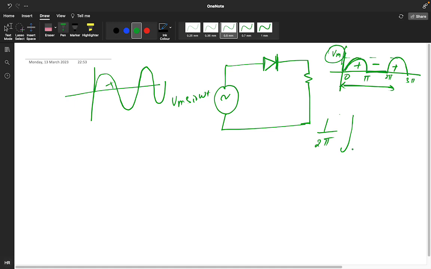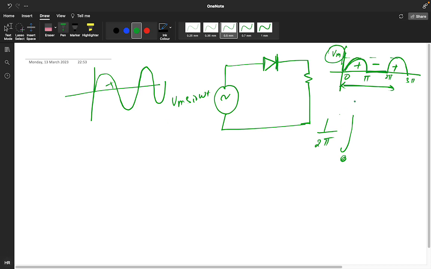Okay, and what is your cycle? It means 0 to 2 pi. From 0 to pi you are getting Vm sin omega t; from pi to 2 pi you are getting no signal.